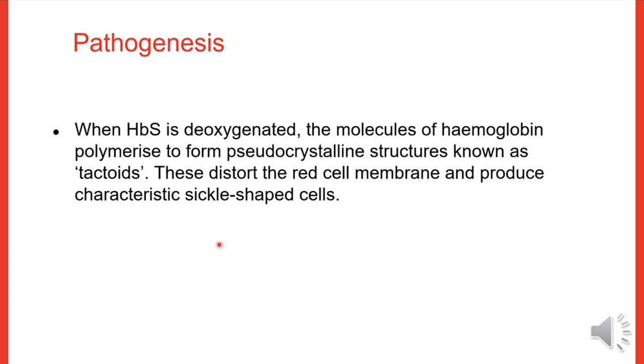Pathogenesis of sickle cell anemia. When HbS is deoxygenated, the hemoglobin molecules will polymerize to form paracrystalline structures known as tactoids. These tactoids will distort the RBC membrane and produce characteristic sickle-shaped cells.